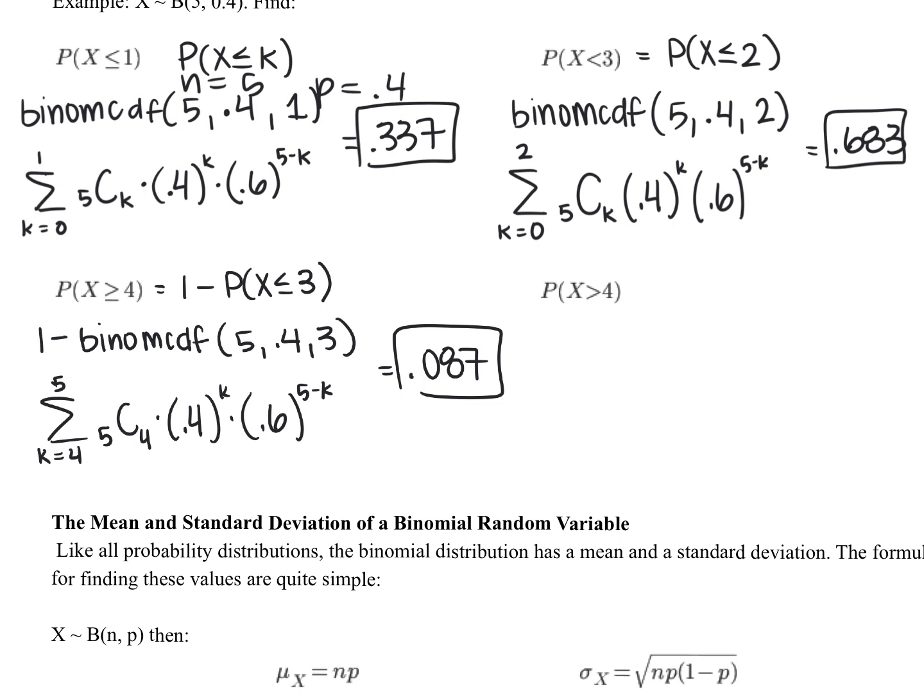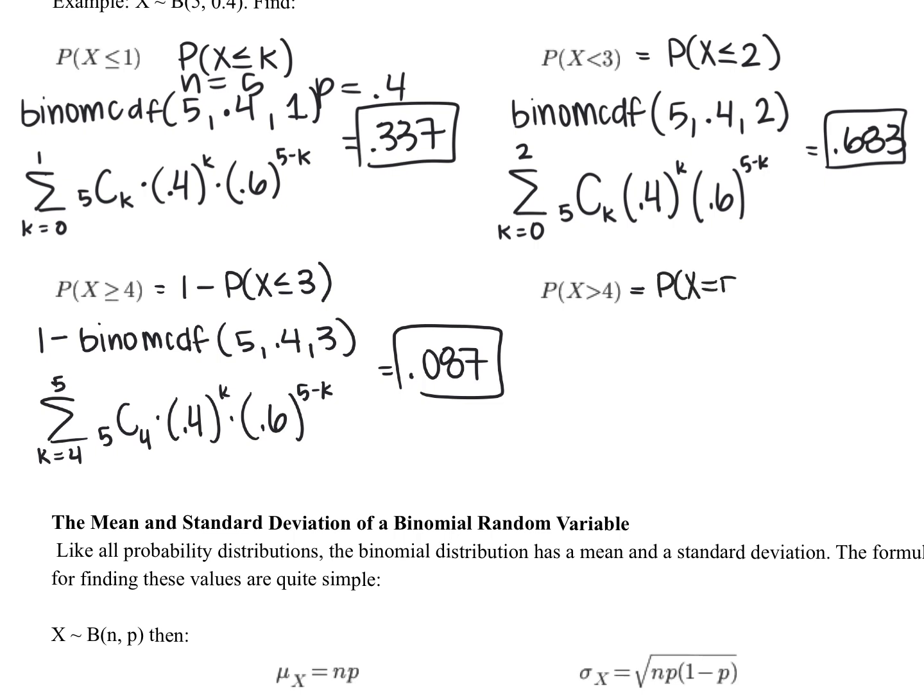The last one we have here, there's 2 different ways you can look at it. So the first, if I'm looking at the probability x is greater than 4, because my sample size is only 5, the only thing greater than 4 is 5.